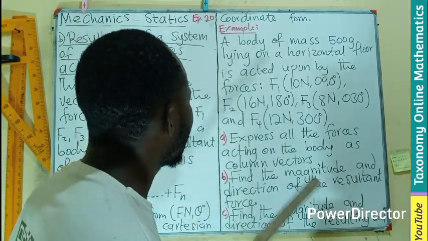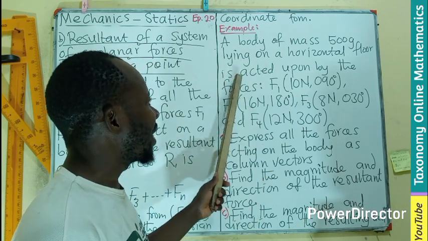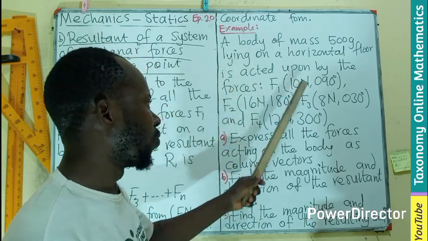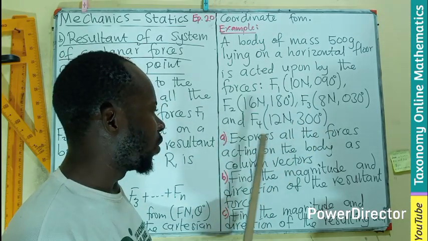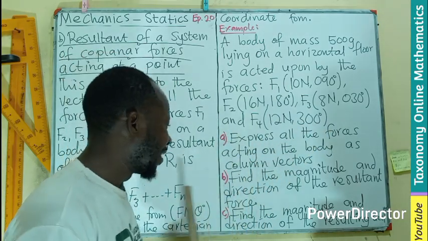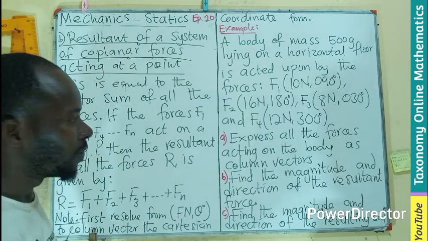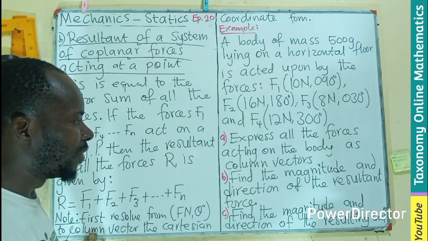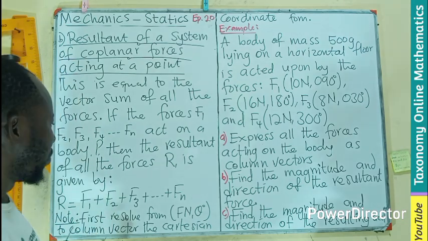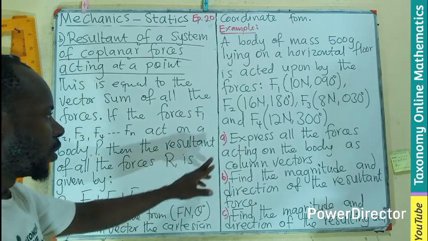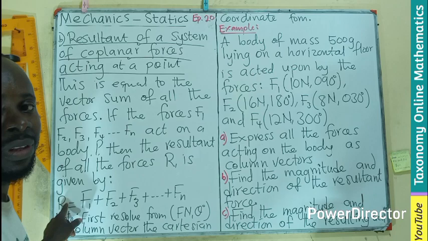A body of mass 500 gram lying on the horizontal floor is acted upon by forces 1, 2, 3, 4. 1. We are to express all the forces acting on the body as a column vector. 2. Find the magnitude and direction of the resultant vector. So after translating all these forces into vector column form, we need to add all of them to find the resultant.